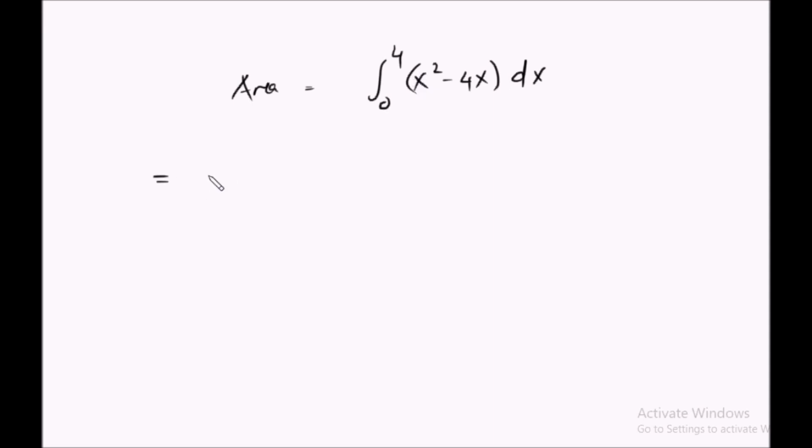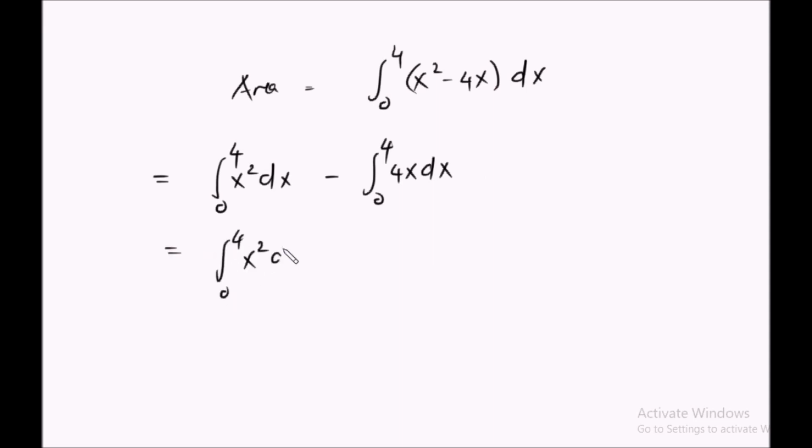So this is just going to be equal to the integral from 0 to 4 of x squared dx minus the integral from 0 to 4 of 4x dx. If I take the 4 out, don't forget the limits.